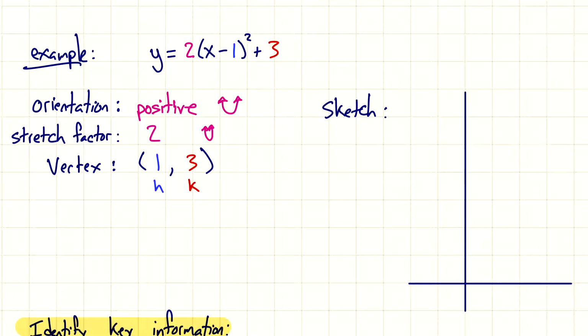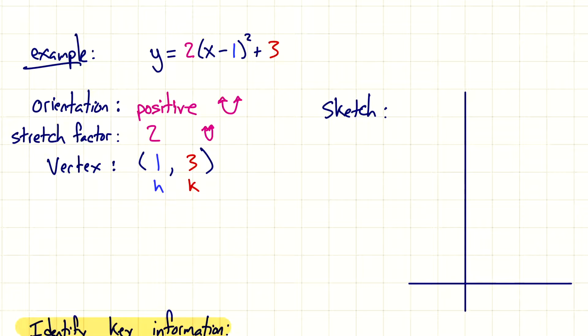So let's just sketch a generic picture so that we get a good idea of what this graph should look like. So we would start with the vertex. So the vertex is here. So let's look to see where we would plot this. We'll start with 1, 3. So 1 is going to be on the x-axis.